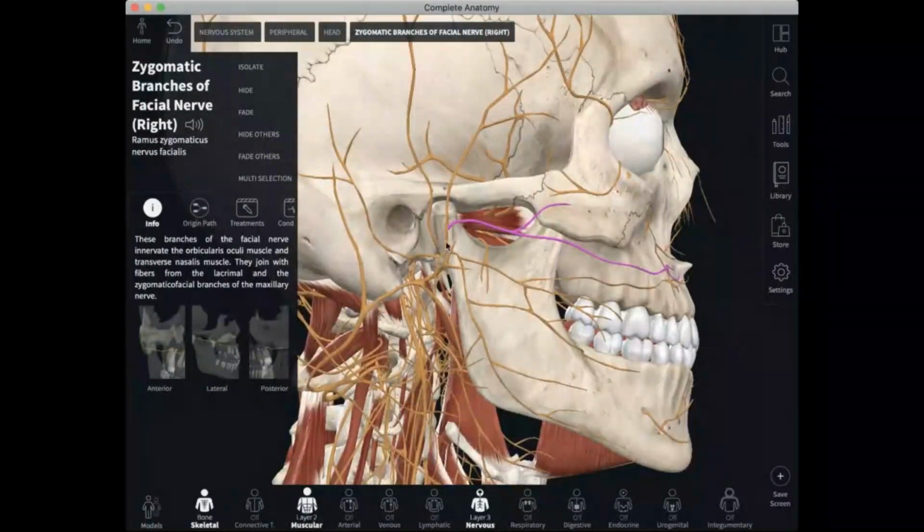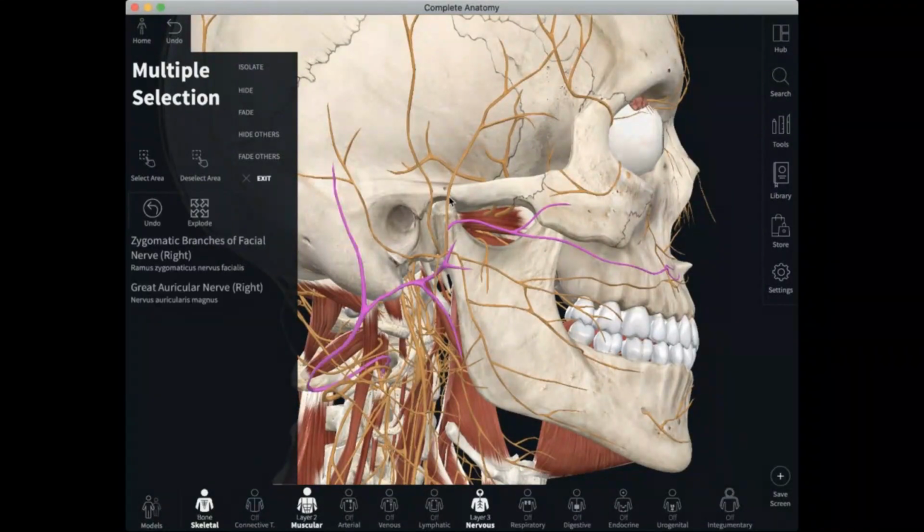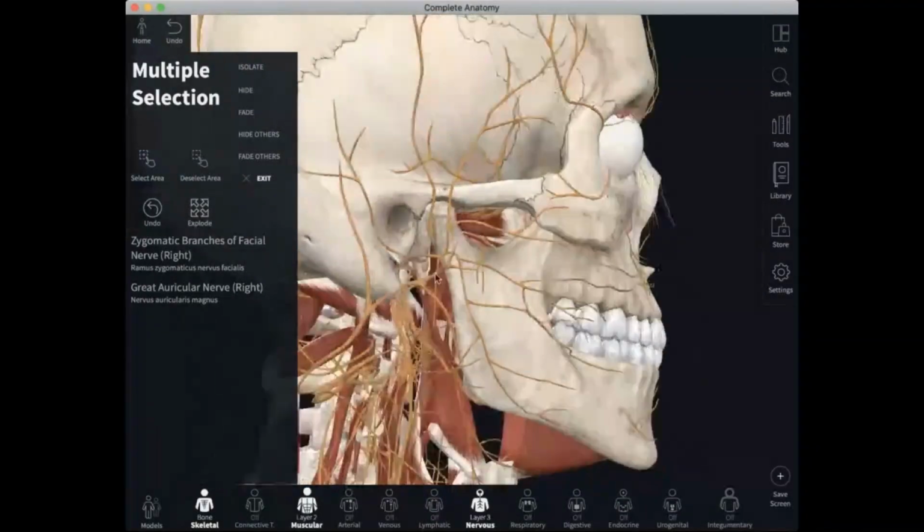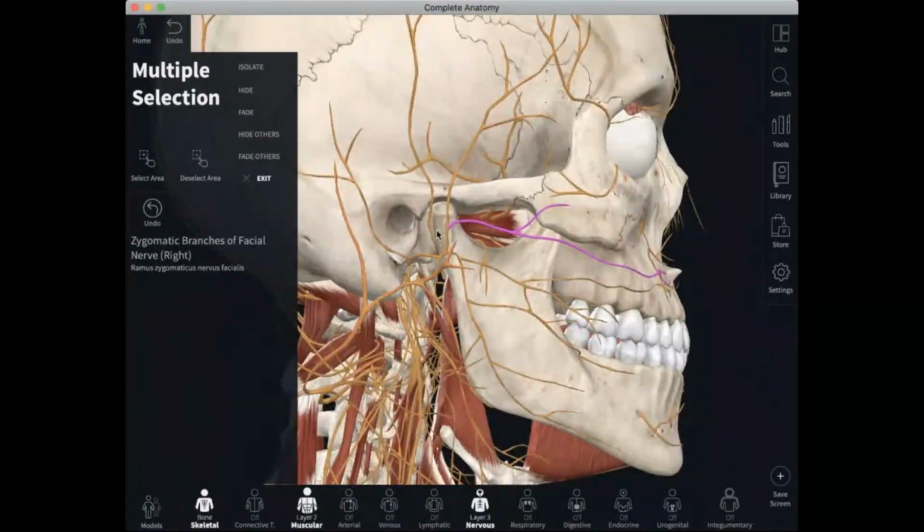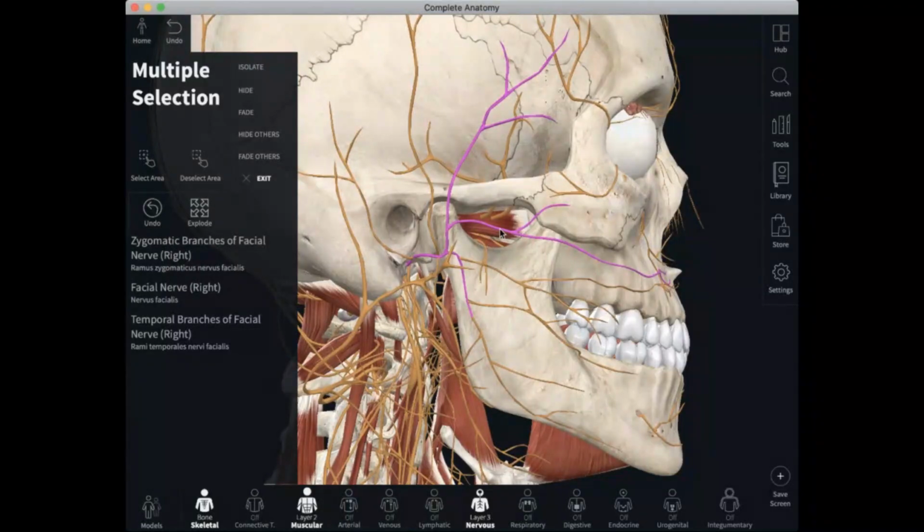Okay, let me go for multiple selection. This is the main facial nerve, and this is a temporal branch, and this is a zygomatic branch, and this is the buccal branch, where it is supplying the muscles of the buccal region.